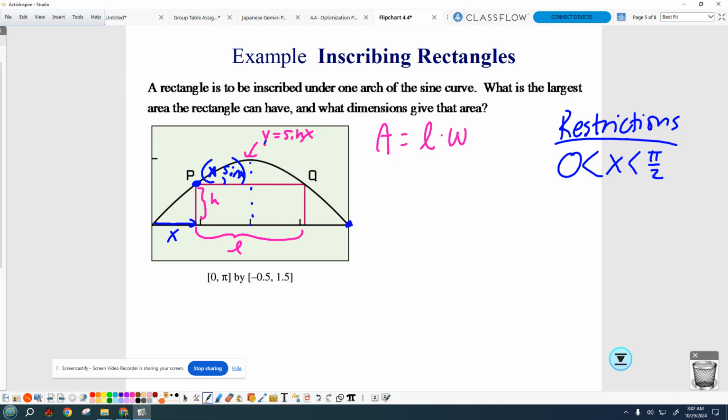The height is that Y value. Okay. Length times height. I should be consistent in my naming. Now I need that guy. What is L?